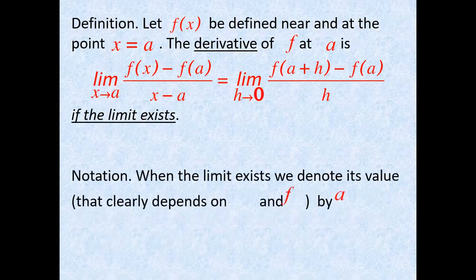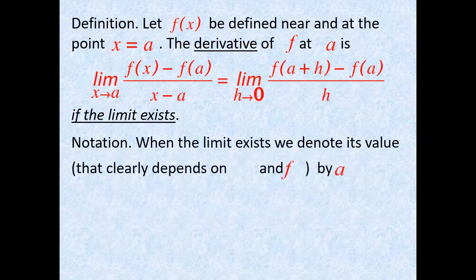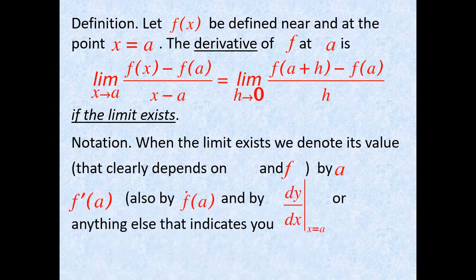हम देखते हैं the notations about this. When the limit exists, we denote its value, which clearly depends on the function and on a. So f prime of a is also f dot of a, and by the Leibniz notation we have the derivative of y with respect to x at the point x equals a.